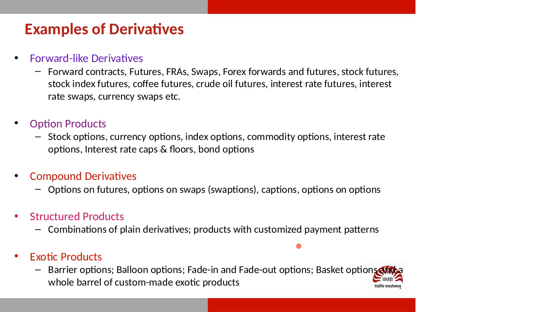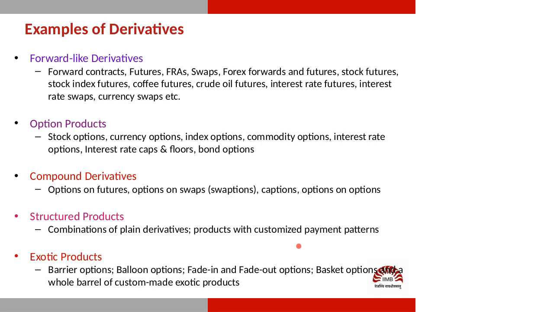Now, if you think of it, there are only two kinds of derivative contracts that exist. Everything else is essentially nothing but a trade-off or a combination of those. And the two types are forward-like contracts and option contracts. Anything else that is there is nothing but a combination of those contracts or of those frameworks.